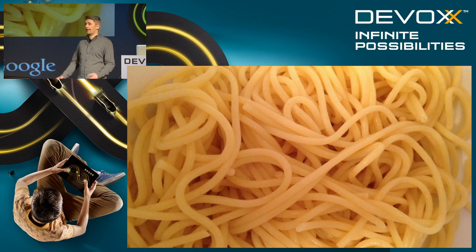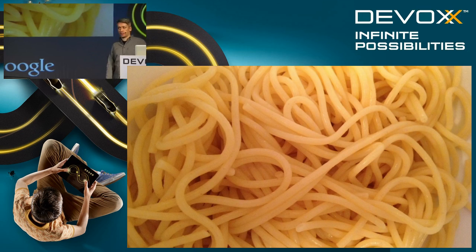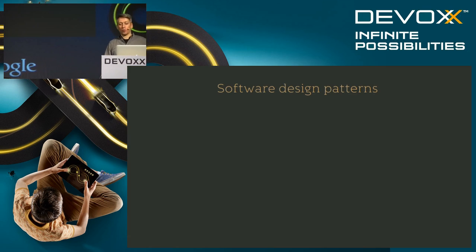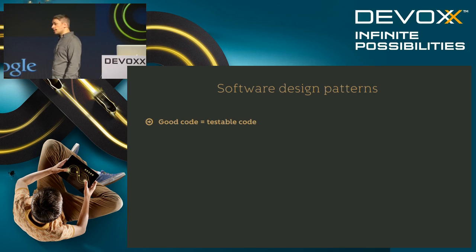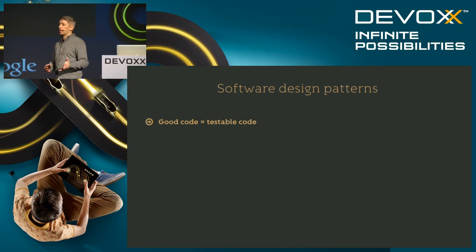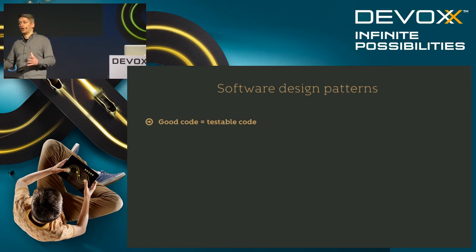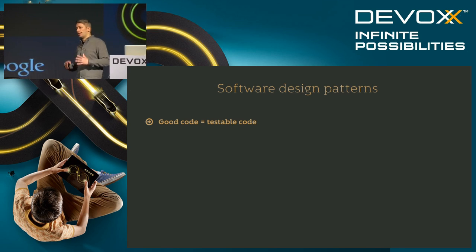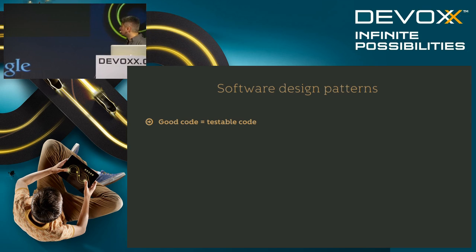Because I think if your code base is what we call spaghetti, then it will also be very hard to test. I would almost go as far as to say that if your code isn't really testable in a nice and easy way, then that should make you think about the structure and the architecture of your application. I really think that good code almost equals testable code. I'm quite convinced of that.